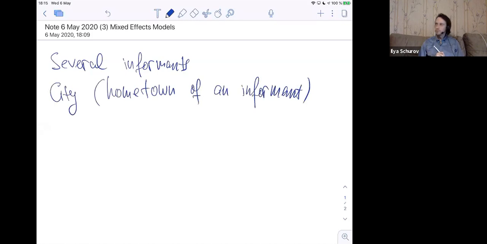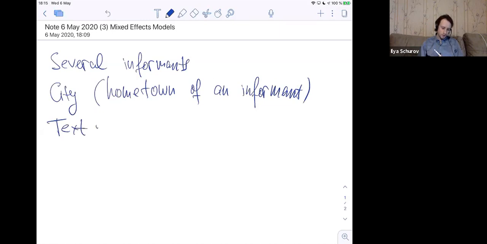And for each informant, let us assume that we're just getting some written text from these informants. So we have a text. And this text consists of sentences.